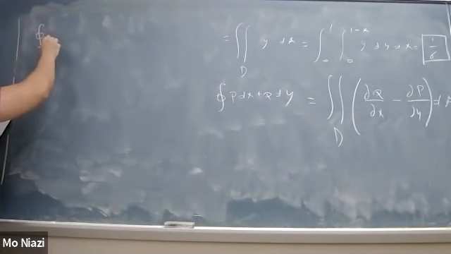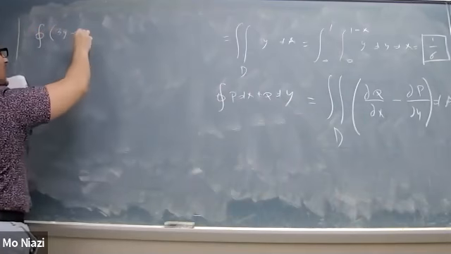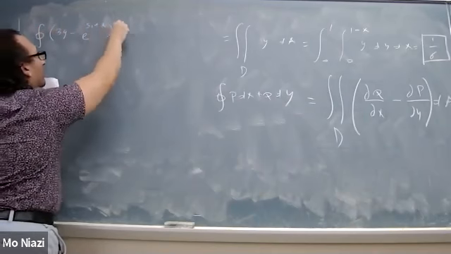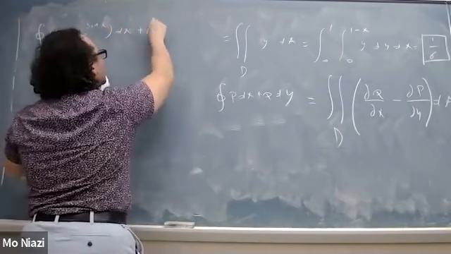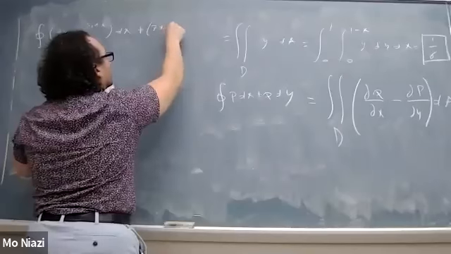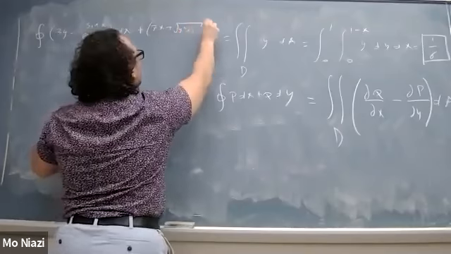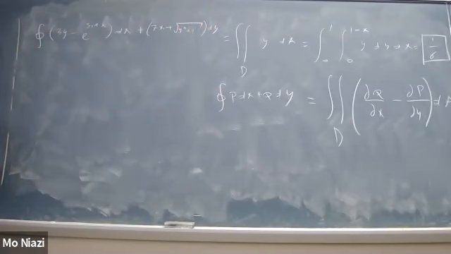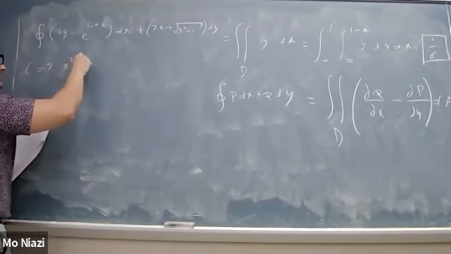Here is an example of a line integral that you cannot actually evaluate without Green's theorem. Let's take C to be a circle of radius 3.